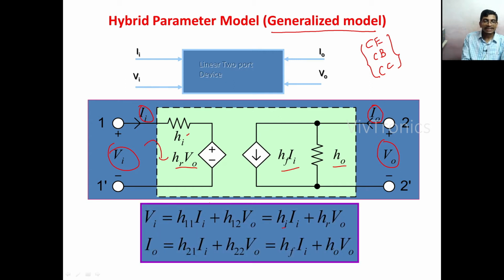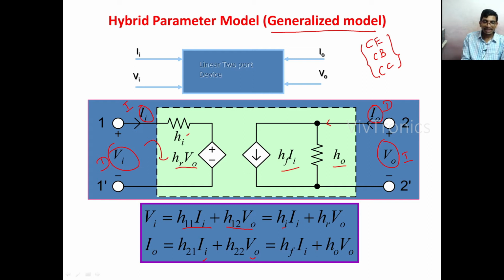In terms of the H parameters, we can write Vi is equal to H11 into Ii plus H12 into V0, because the input current and output voltage are independent parameters, and Vi and I0 are dependent parameters. Similarly the output current I0 is equal to H21 into Ii plus H22 into V0.